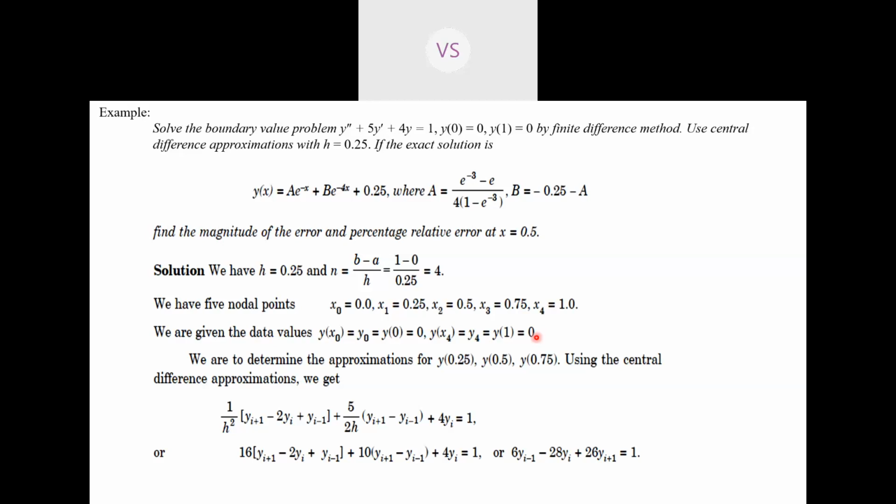So using central difference approximation, what is the y double dash formula? 1 by h square, yi plus 1 minus 2yi plus yi minus 1, plus 5. 5 is given over here.